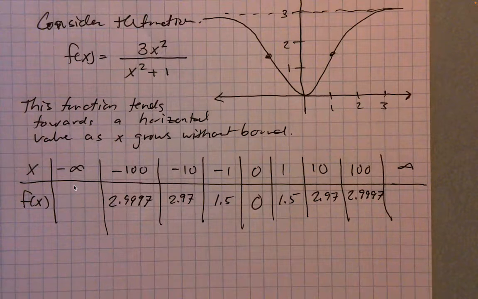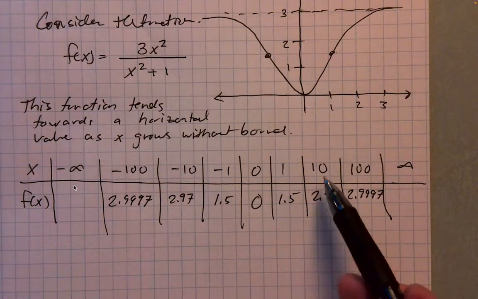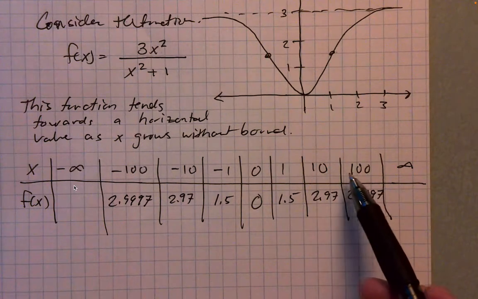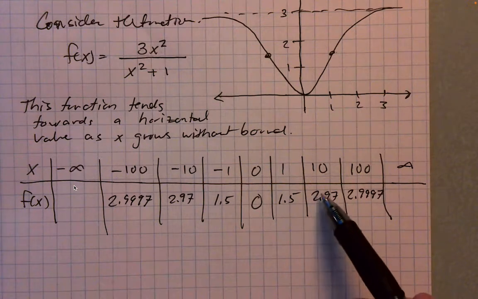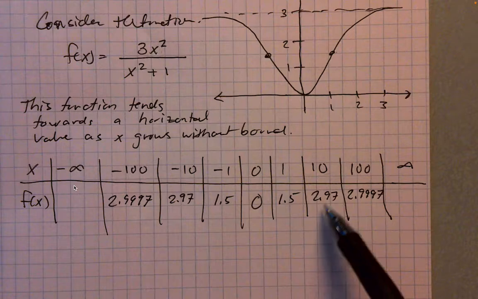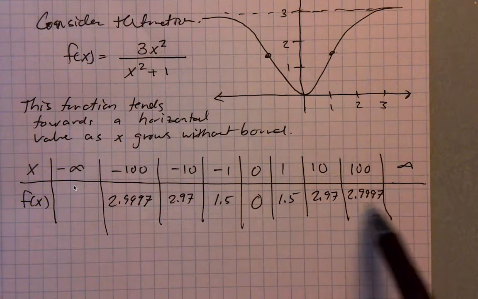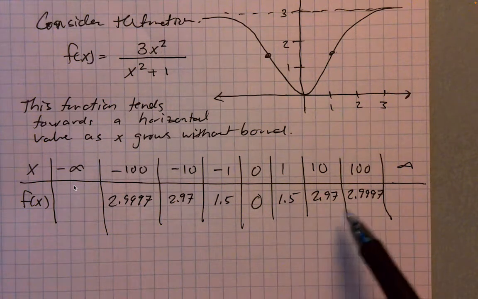Okay, approximately, right? So you can see that this is an order of magnitude larger, but the function didn't blow up. It simply went from 2.97 to 2.9997, so very, very close in value.